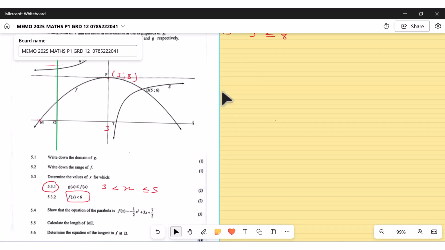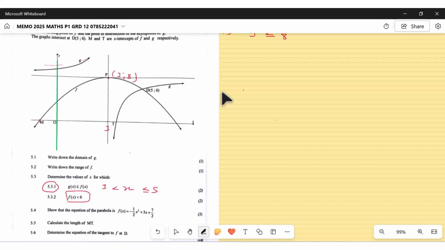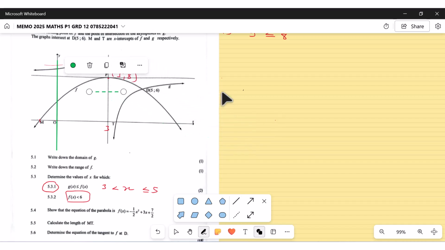It is passing through the 6, through 5 is to 6. So guys, this point here is point D, which is 5 here, and then y equals 6, because the y value is 6 at this point D.